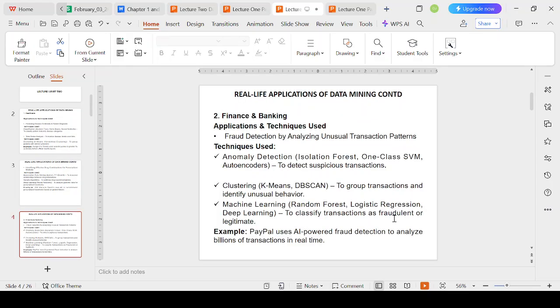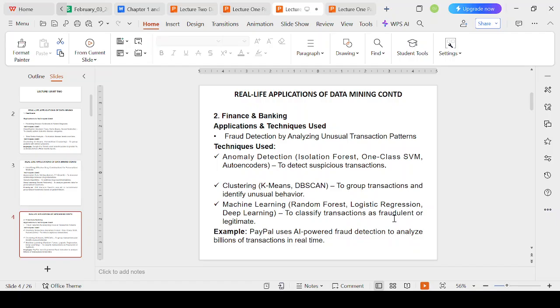Real-life application of data mining in the area of finance and banking. Applications and techniques: fraud detection by analyzing unusual transaction patterns. Technique used is anomaly detection. Isolation forest, one-class support vector machine, autoencoder to detect suspicious transactions.